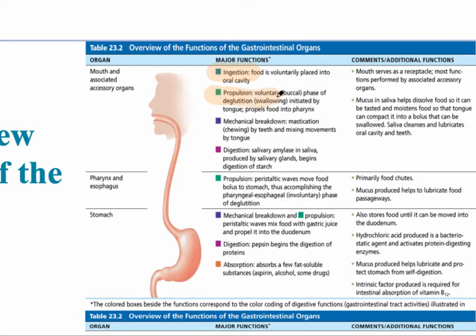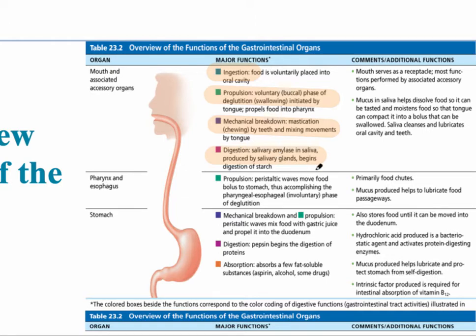Propulsion, so voluntary, the buccal phase, where it's the chewing phase and then swallowing, called deglutition. Mechanical breakdown is the chewing by the teeth and mixing movements of the tongue.